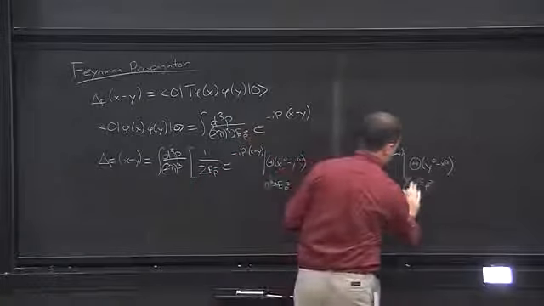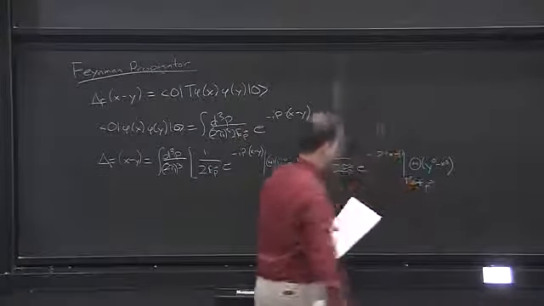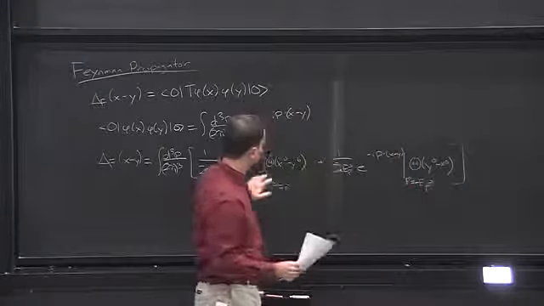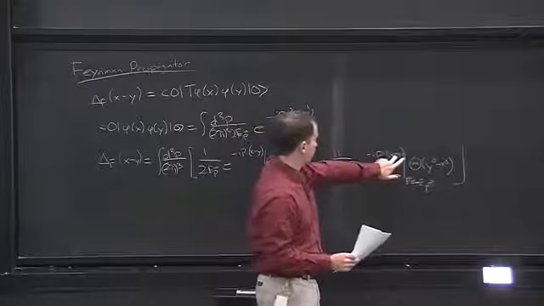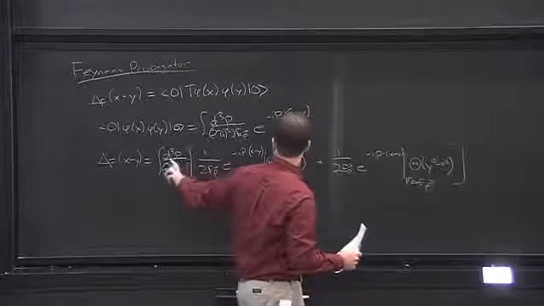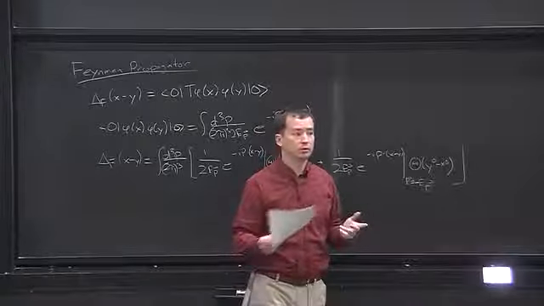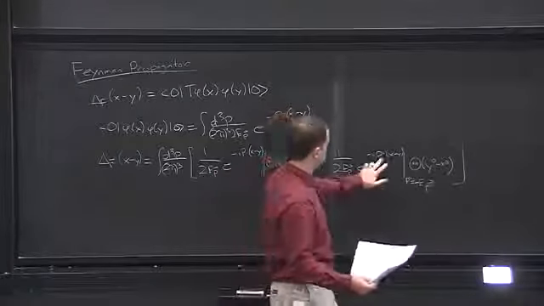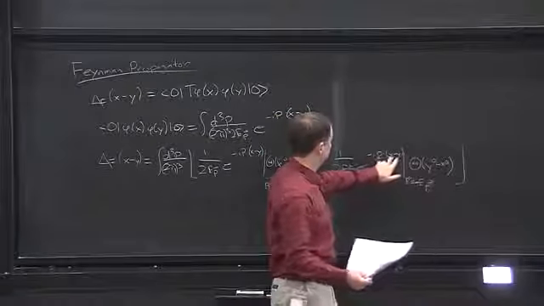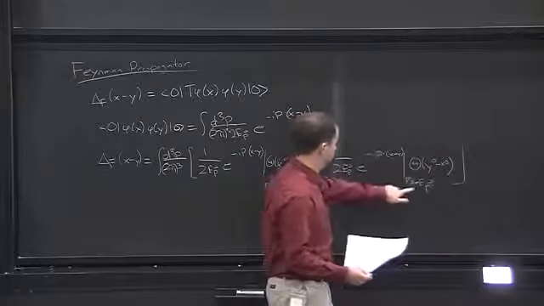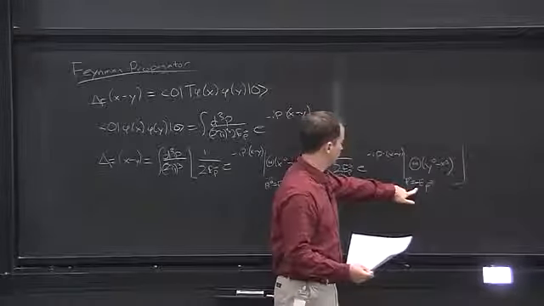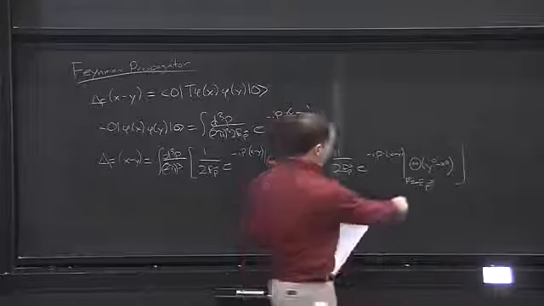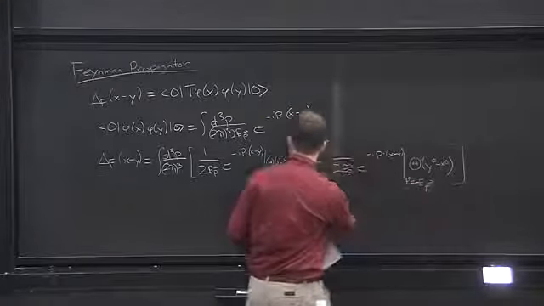There's an extra minus sign here. What I've done is this term should have just had x and y switched. But I'm allowed to flip the measure, flip the sign, take p to minus p, and that doesn't change the measure. That would just change the signs of the spatial components. I can undo the change of the sign of the time-like component by just evaluating this at minus E_p instead of E_p.